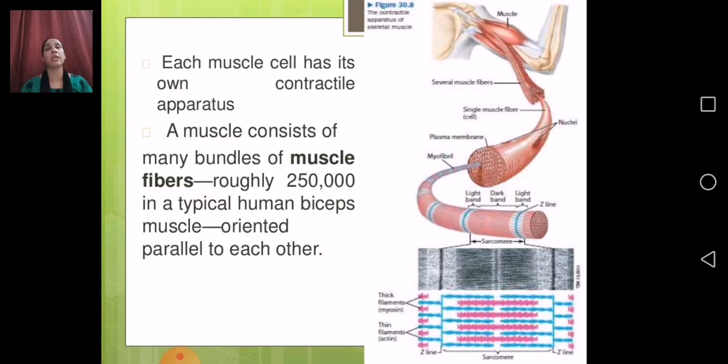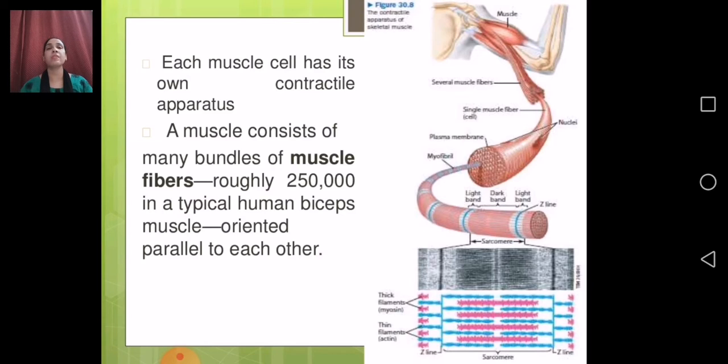These fibers are connected in such a way that they work like a helping hand to each other, and then only they allow movement. Each muscle has its own contractile apparatus. Contractile apparatus means each muscle has its own way of contraction and expansion.